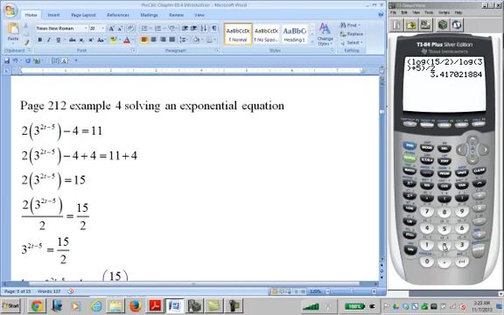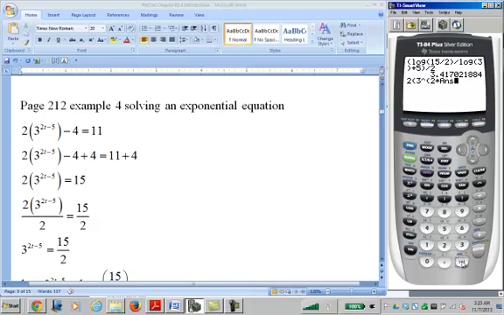So we're going to do 2 times 3 raised to the power of, and then we're going to open parenthesis, 2 times the answer, second, minus, that puts the answer in, 2 times the answer minus 5, close parenthesis on the exponent, and close parenthesis again.